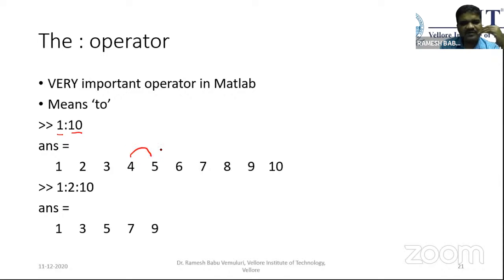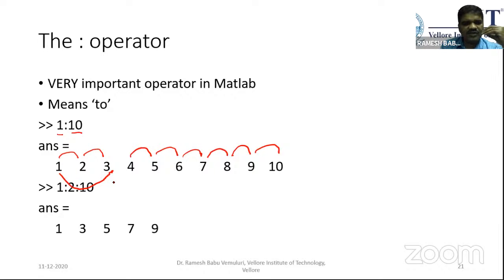So let us say you now put 2, that means 2 steps. Now you can see 1 to 2 is 1 step, and 2 to 3 is 2 steps. So 2 steps means directly from 1 go to 3.